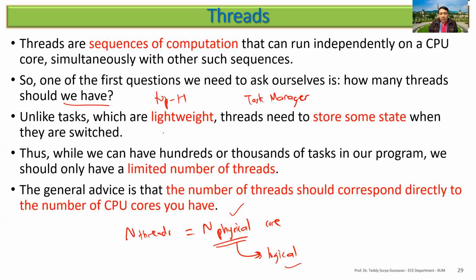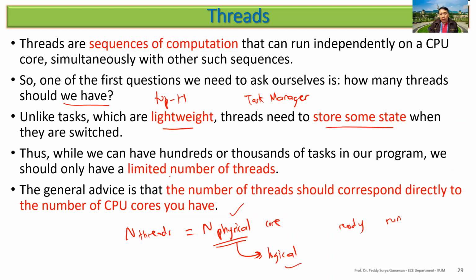Tasks are lightweight. Threads need to store some state. Remember the 5-state model: you have running, ready, and then you can have suspend or block when you are doing I/O.